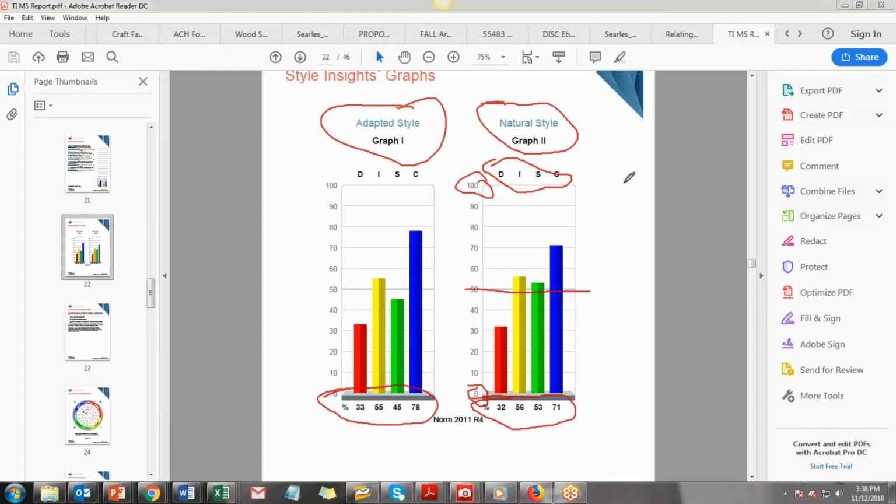Any questions so far? So you said that adaptive style can change, correct? Okay. But the natural is more where someone would be versus adaptive. Because I was just looking at my own. I was surprised by one of my scores on the adaptive side.